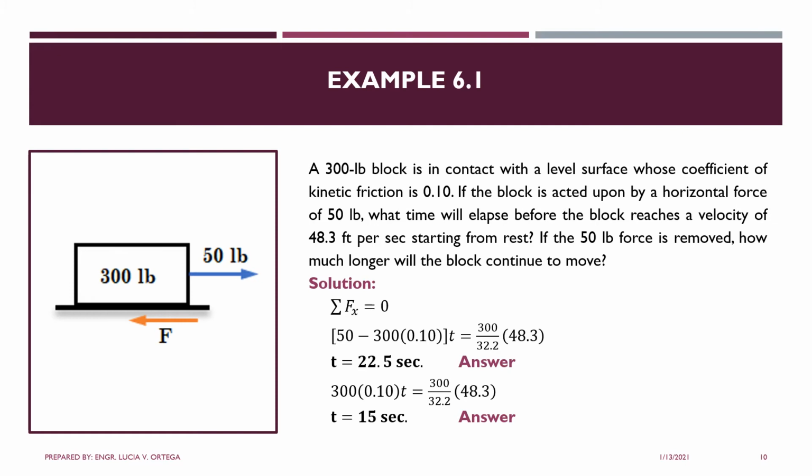So the time is 15 seconds. Meaning, after attaining 48.3 feet per second velocity and then removing the force, it will continue this rectilinear motion for up to 15 seconds. And after that time, the block will stop.